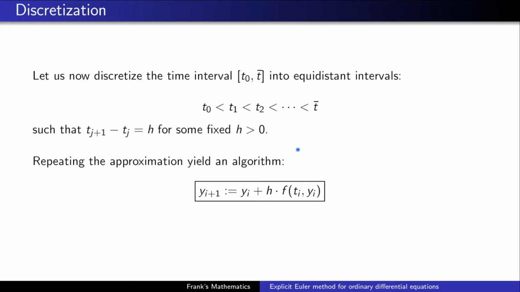And now we can repeat this approximation and get that y i plus 1 is just the preceding value, y i, plus h times f evaluated at y i. This is a nice recursive iteration, which we can use to solve our initial value problem.